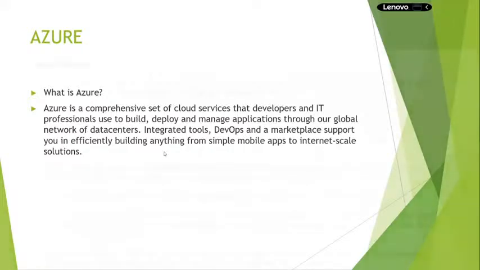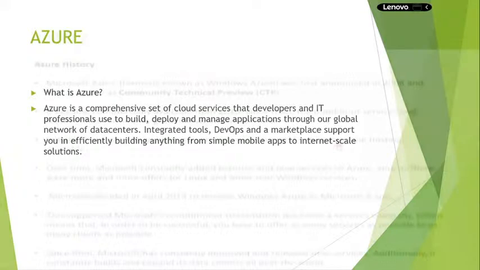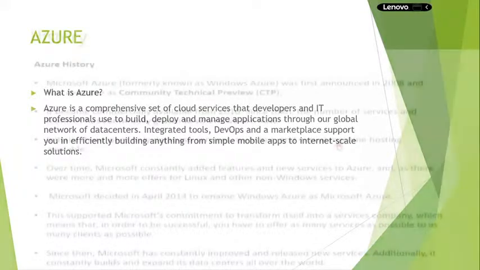Next, when did Microsoft Azure come into the picture? Microsoft Azure came into the picture in the year 2010. At that time we called it Windows Azure, and it supported only Microsoft related applications.